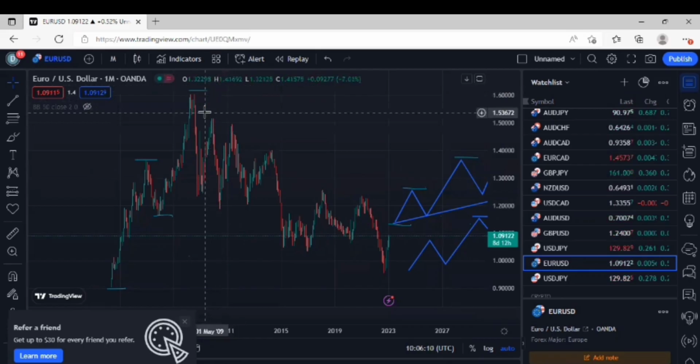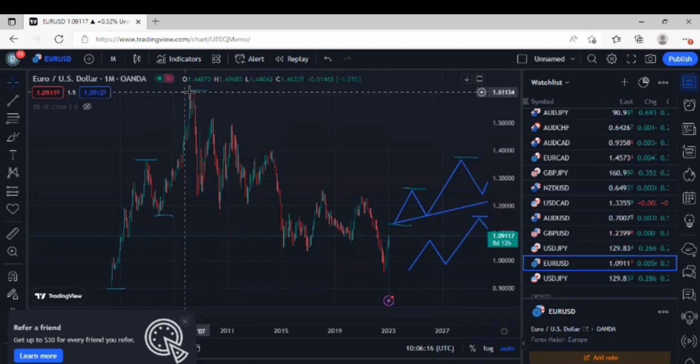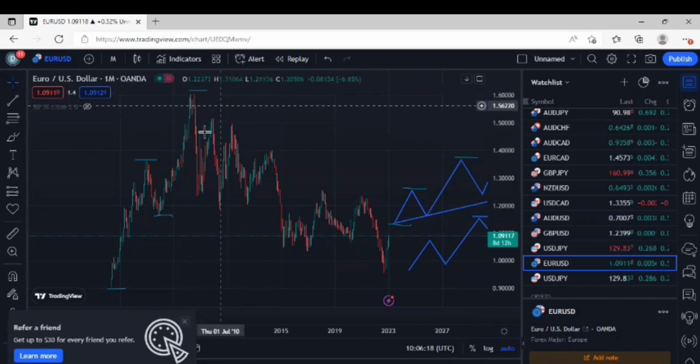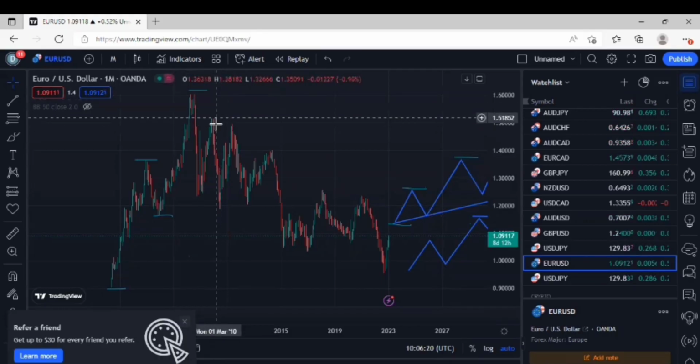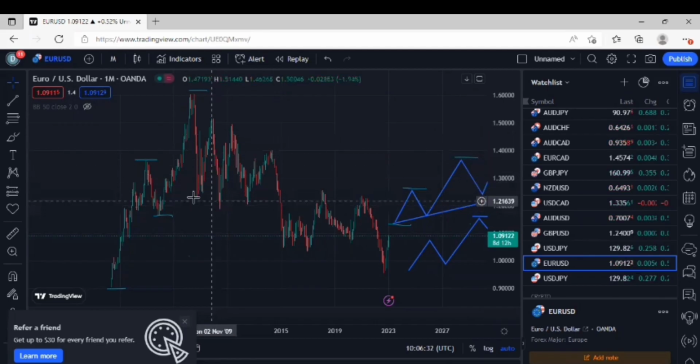So at this point we can say we have a potential reversal, since it cannot create a new high. But we can't say we have a reversal until this structure down here is broken.